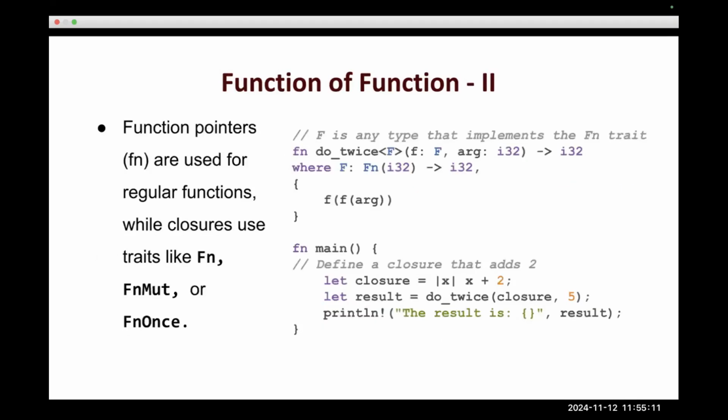And function pointers are used for regular functions, and you can use function pointers as well. Just like how you use function pointers in C and C++, you can pass a function pointer, which needs to be explicitly typed. And the arguments also need to be explicitly typed so that you can use the function pointers without violating any other strong requirements for the types.